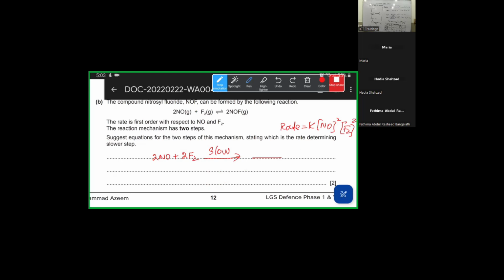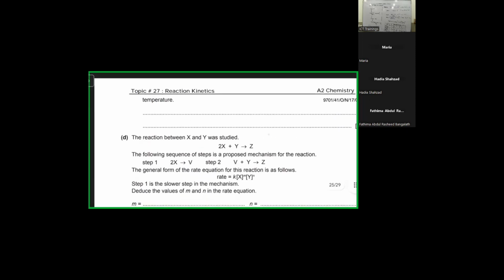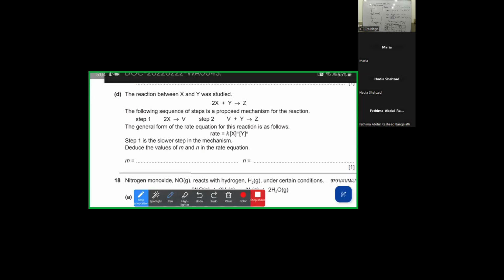This is the next question, this D part. If you look at this D part, he is saying the following sequence of steps is a proposed mechanism for the reaction. So this is the main reaction, and it has two steps.